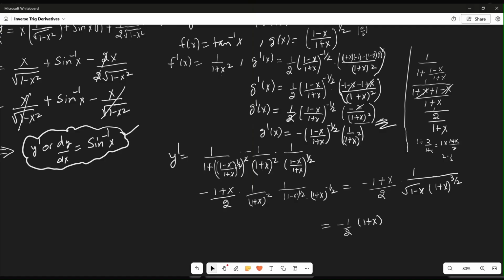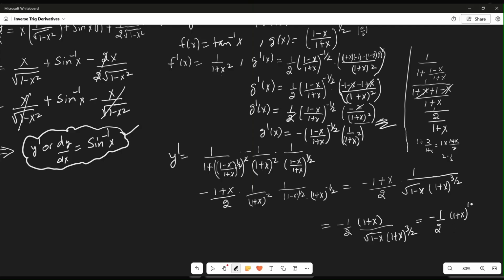Same thing, right? So just to convey my point, what I'm seeing here, see, same, same. So we have 1 plus x as power 1.